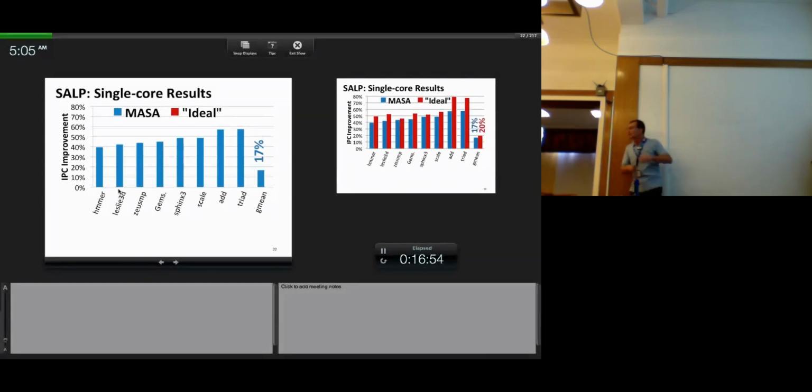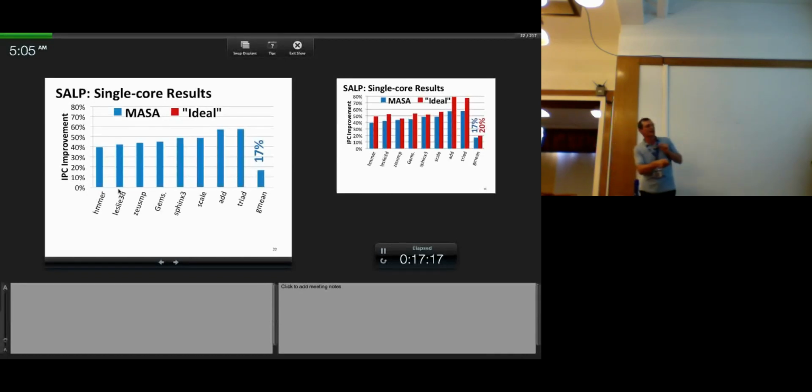And you see that the workloads that benefit most are those that do a lot of streaming, have a lot of row buffer locality, and have many streams at the same time. These are the workloads that get a lot of bank conflicts if you have a small number of banks. And by decoupling a bank into subarrays, we're reducing the bank conflicts.